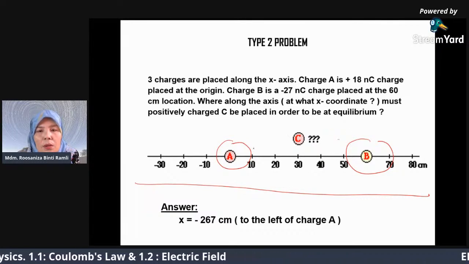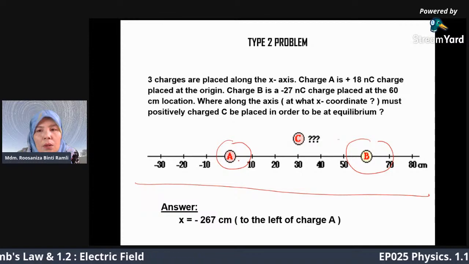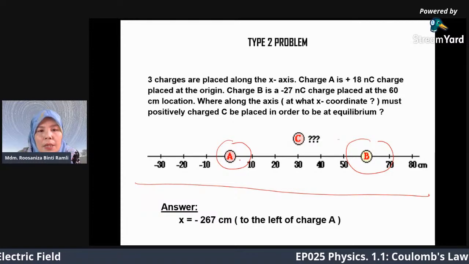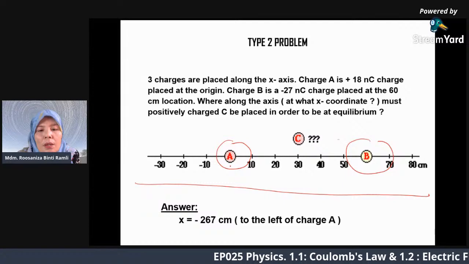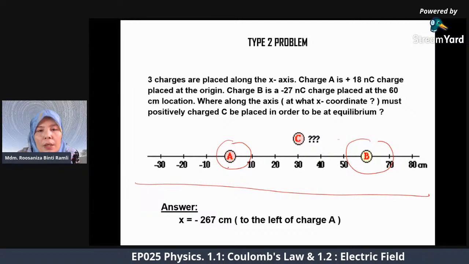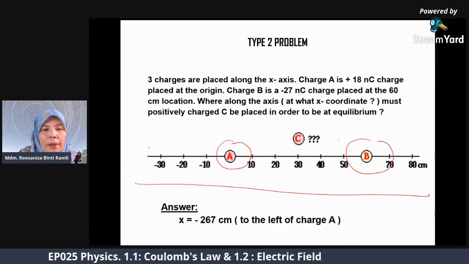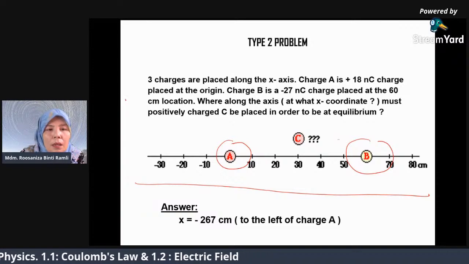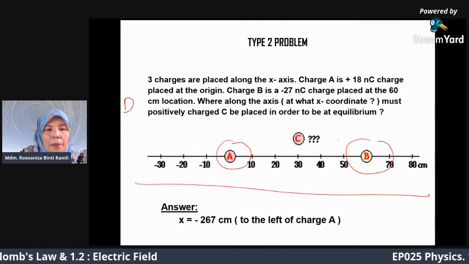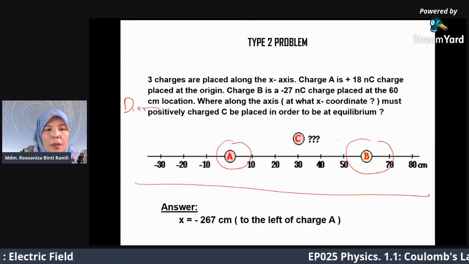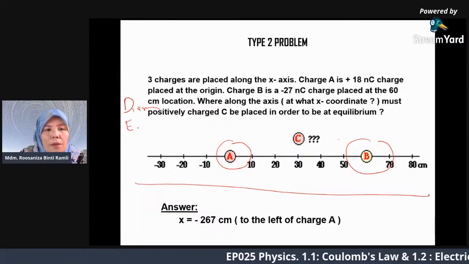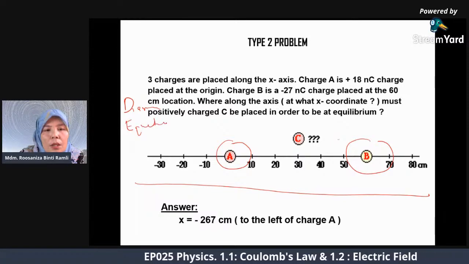Charge A is equal to 18 nanocoulomb, placed at the origin. First, when you get the question, you have to draw a diagram. Again, draw a diagram.